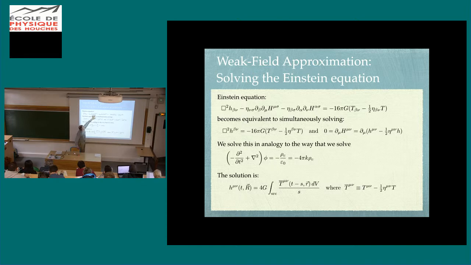I'm setting the divergence of the capital H equal to 0. Because the divergence appears here and it appears here, and if I can set that divergence equal to 0, then the Einstein equation becomes this simple thing. So now I can make the Einstein equation, this complicated equation, equivalent to solving simultaneously these two much simpler equations.